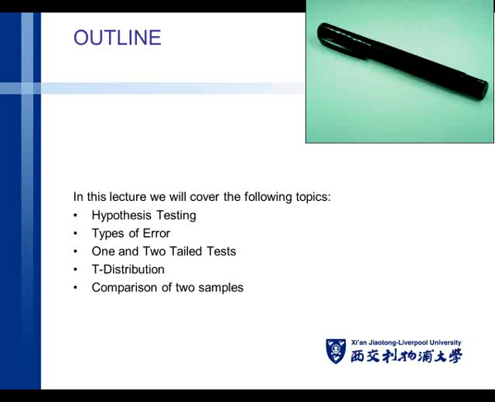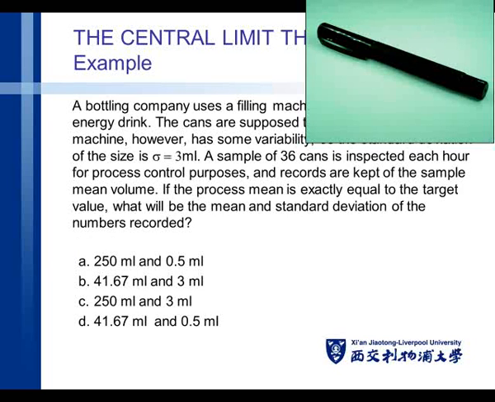Before we start, let me correct something. Last week I talked about the central limit theorem, and then I gave you an example, which was this one, and asked you to answer it. The issue was that I set a sample of 6 cats, and I told you that the central limit theorem is for samples equal or above 30.